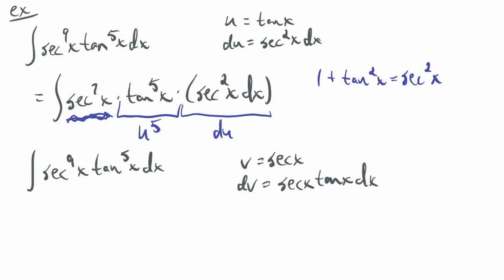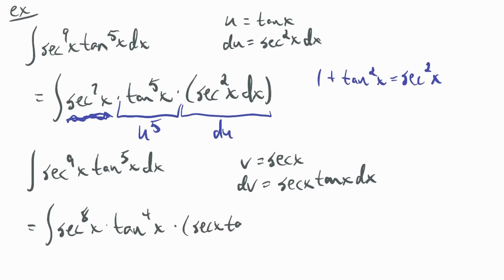So now I'm going to peel off one from each of secant and tangent, which will mean what's left over will be even exponents. Okay, so this will equal the integral of secant to the 8th x times tangent 4th x times secant x tangent x dx.